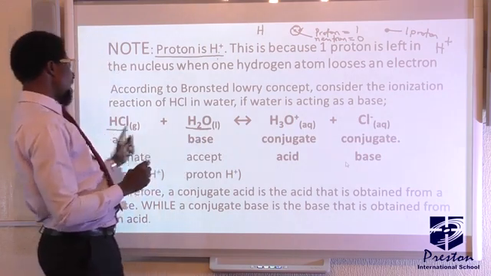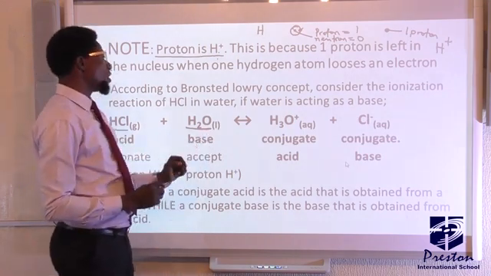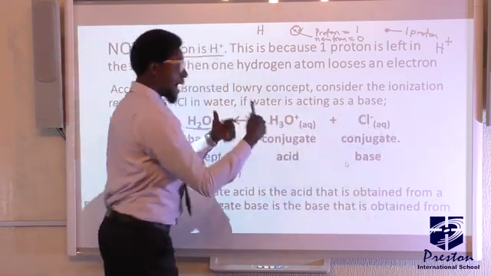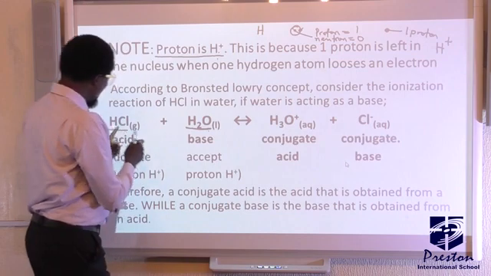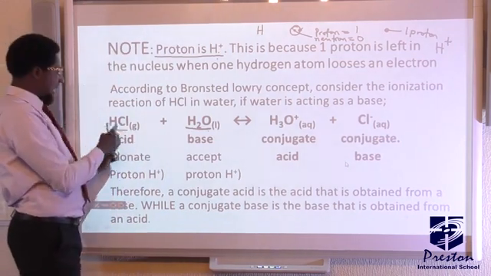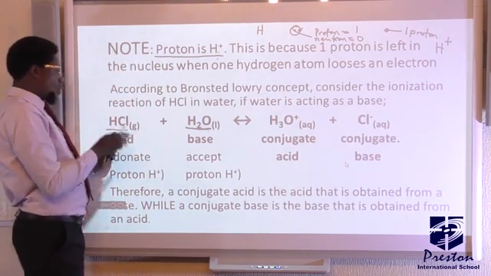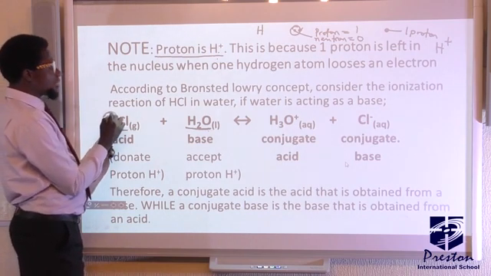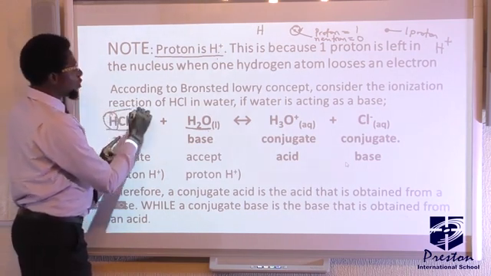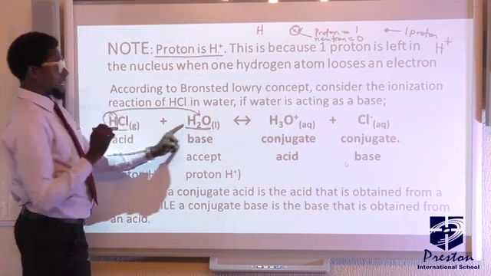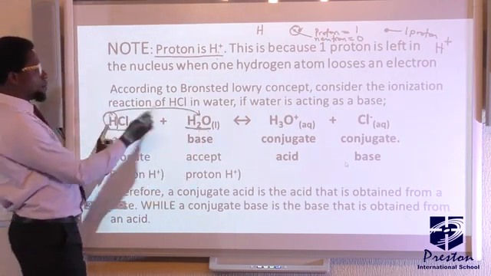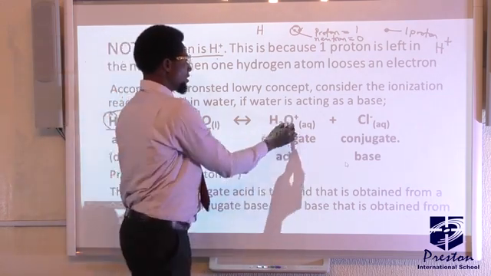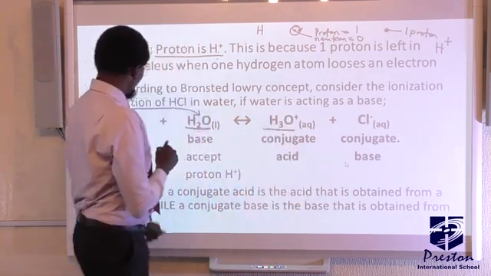Then that is HCl plus H2O. It will now give H3O+ plus Cl-. How did we arrive at this? Don't forget that we have said earlier that an acid is a proton donor. So the proton you have here will now be donated to this base, that is the water. So when this proton moves to meet the base, it becomes H3O+. So that is what it produces.